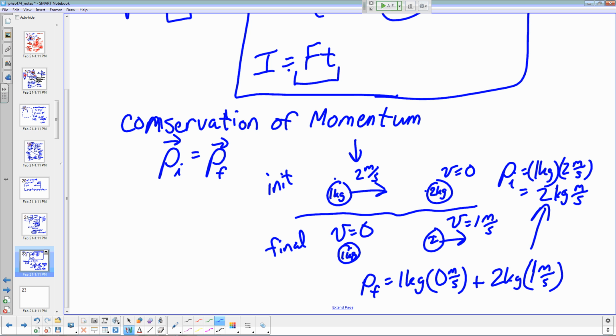That's conservation of momentum. Now, in collisions, we have two types of collisions. In both types, you conserve momentum, but they're a little bit different, so I want to just tell you in words what they are. First of all, we have elastic, and then we have inelastic collisions.